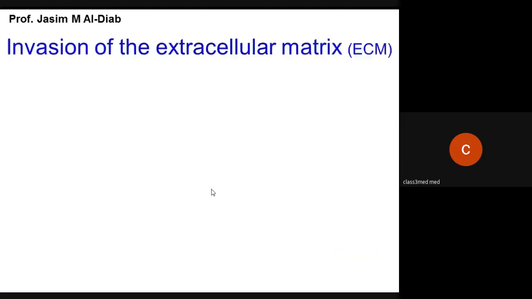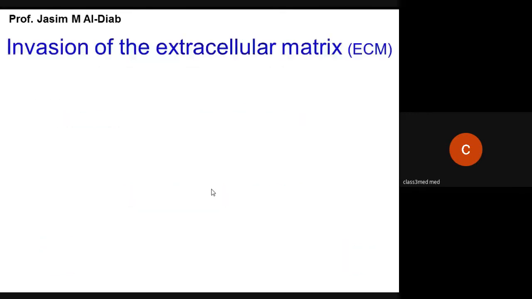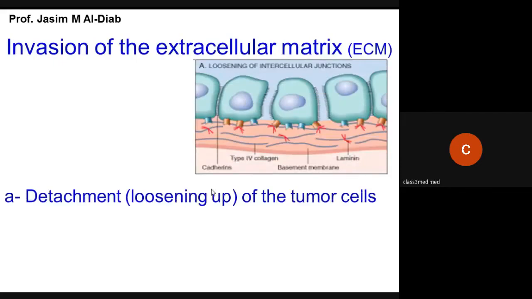So the first step is the invasion of the extracellular matrix, which is the basement membrane and interstitial connective tissue. To reach a blood vessel or lymphatic vessel, the cell must first penetrate these. The first step in the invasion of the extracellular matrix is the detachment of the tumor cell from the tumor mass, loosening up.